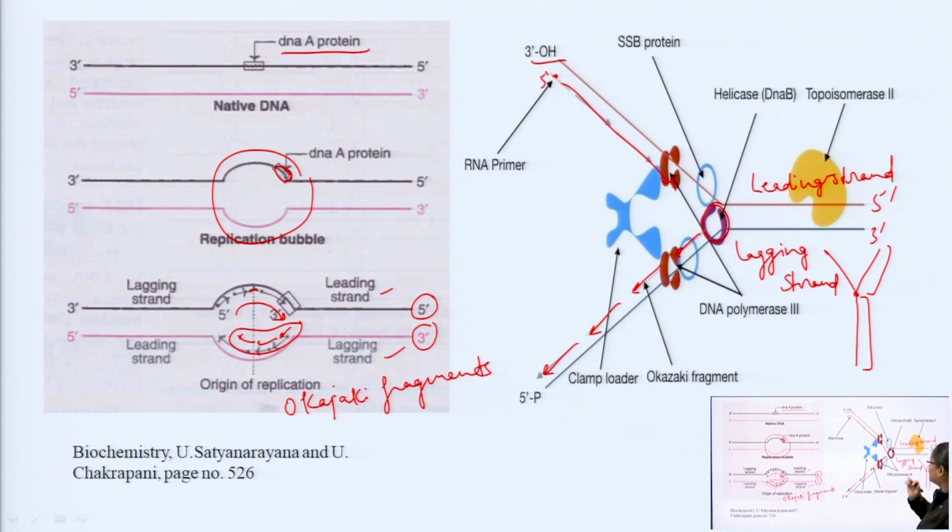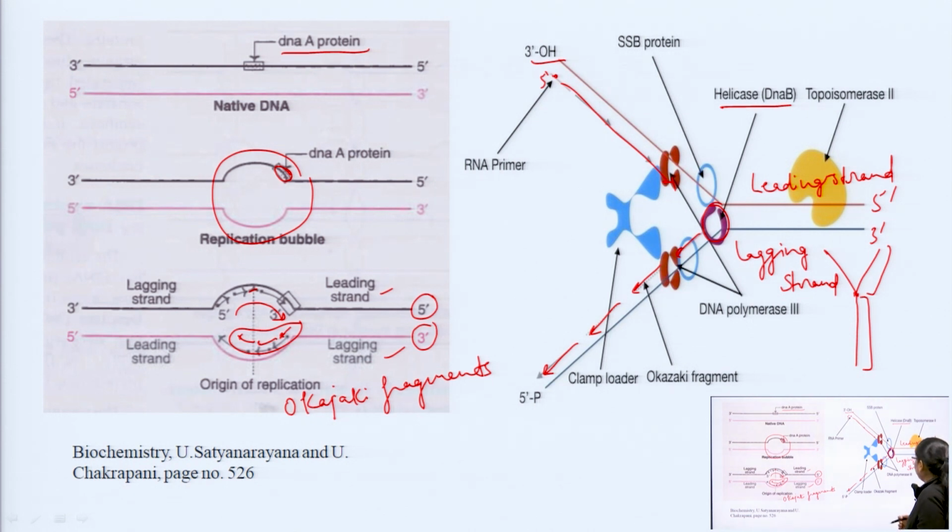So, now which proteins are used here? First of all, to open the DNA molecule into a fork, we need DNA helicase. DNA helicase is required to open the helical structure into a fork.